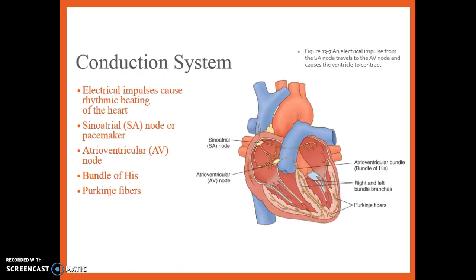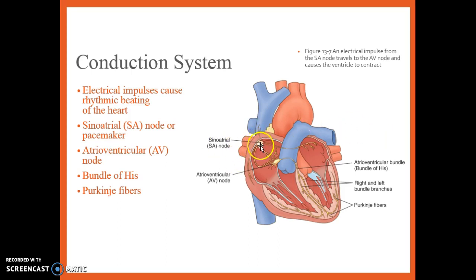Conduction system. The heart has to have some type of mechanism to keep it working, to make those fibers contract, just like we learned back in the muscular system. These are electrical signals, and if you've heard of somebody who's had to have a pacemaker put in, that's because their electrical system is just not working quite right.